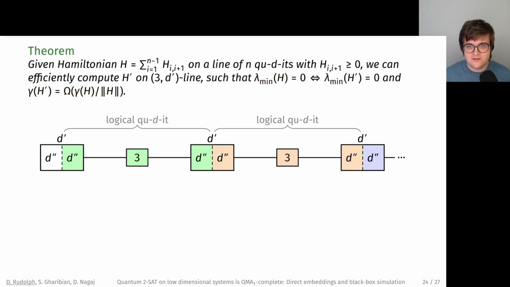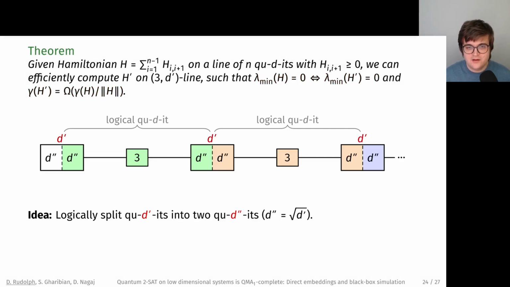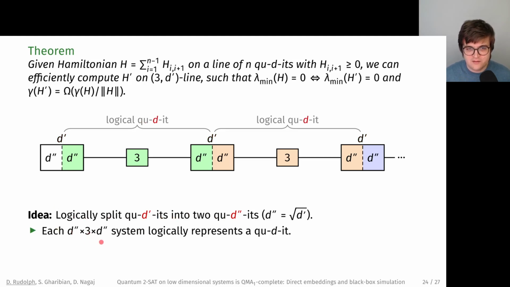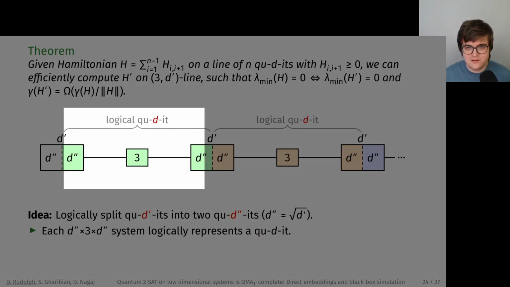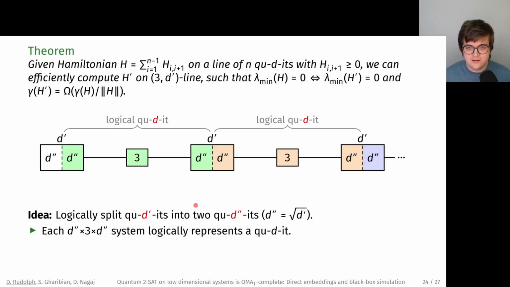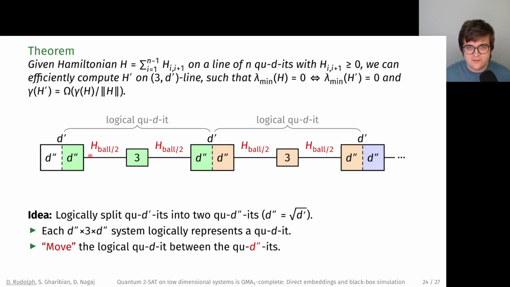And so this is how the Hamiltonian will look like. The idea is to logically split the qudit-prime-its into two qudit-double-prime-its. And then each D double prime by 3 by D double prime system logically represents a qudit. And then we implement some Hamiltonian, H ball, to move the logical qudit between the qudit-prime-its.